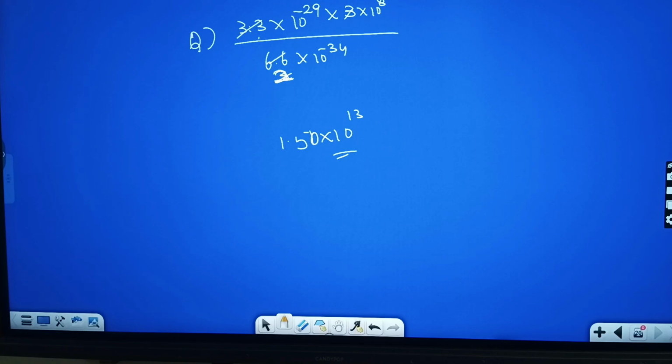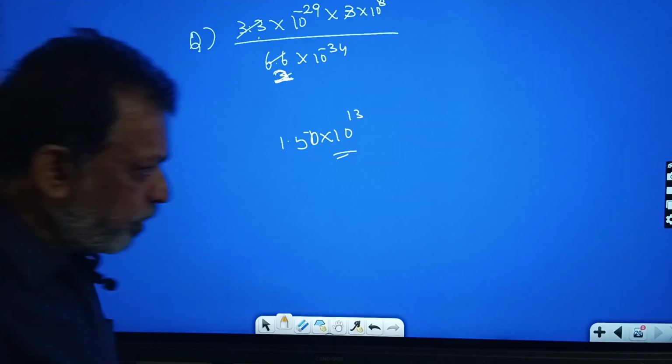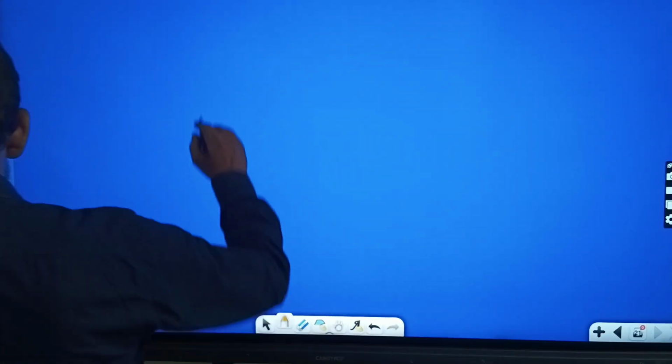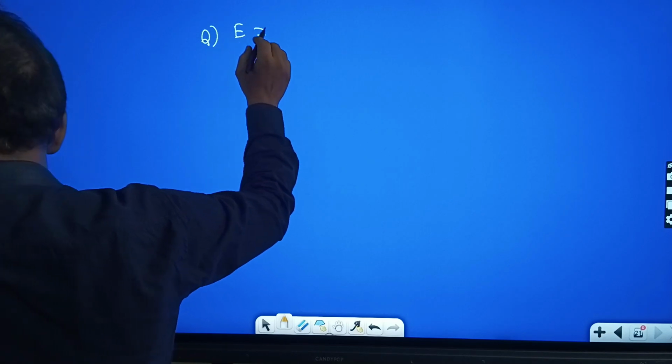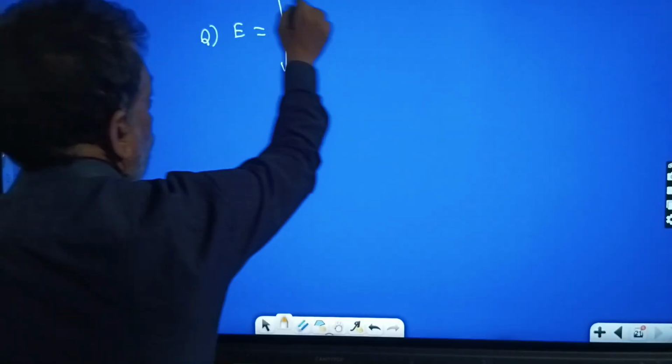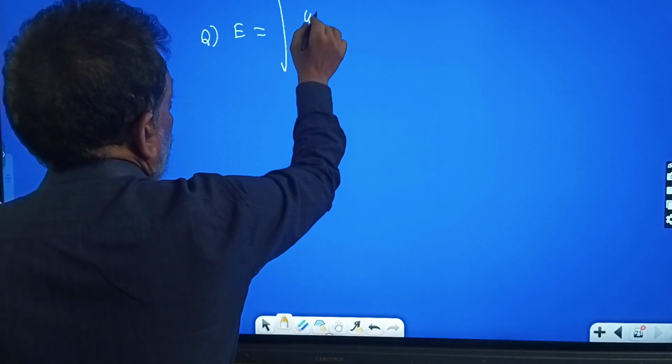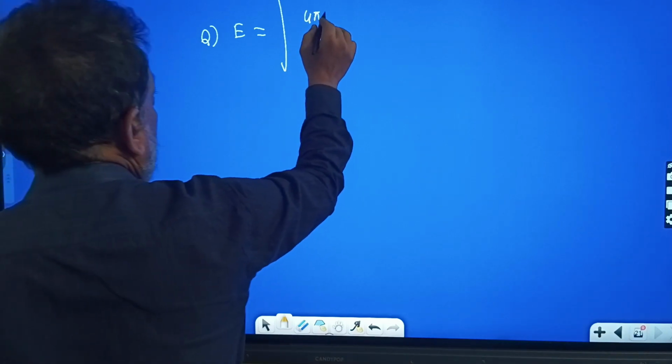Now take some other problem values. Take this value. It is there in our problems. This is the question. E is equal to, that is the energy you are finding, square root of 4 pi into 10 to the power of minus 7.